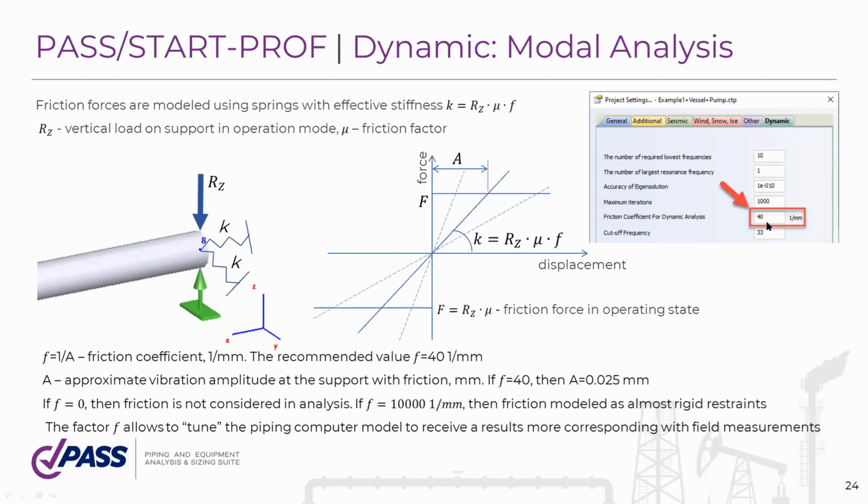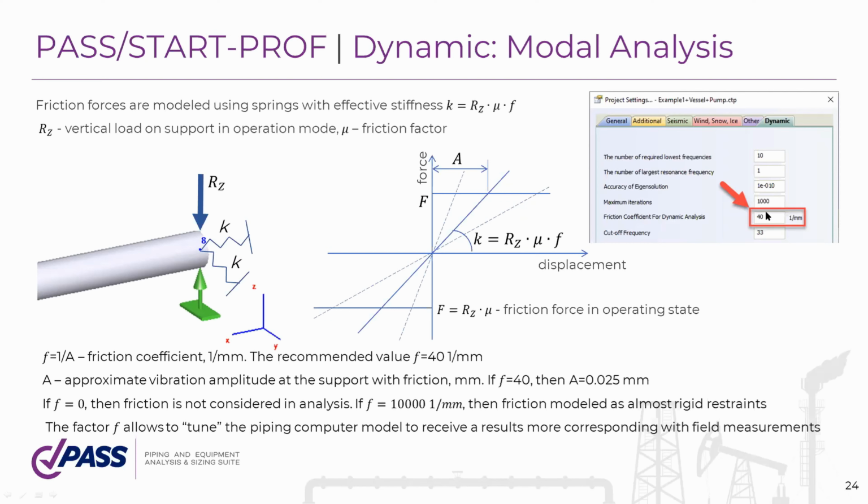To define this value accurately, you have only one option. You need to perform field measurements on a real piping system that is vibrating. You need to measure the natural frequencies of the real piping system, and after that create the model and tune this factor to get approximately the same natural frequencies in the START-PROF model as in the real system.